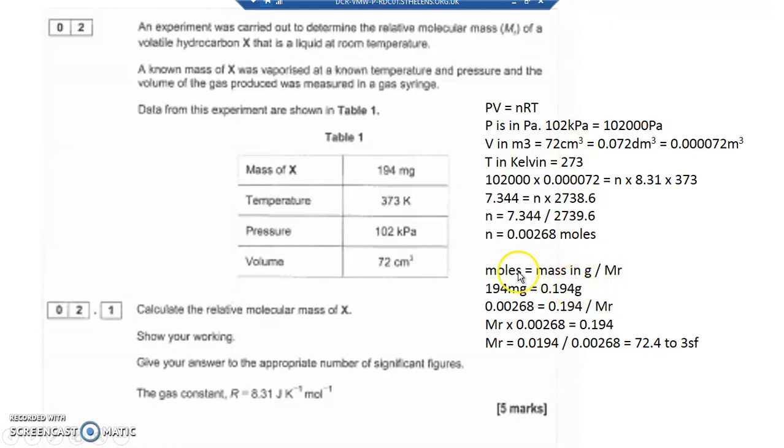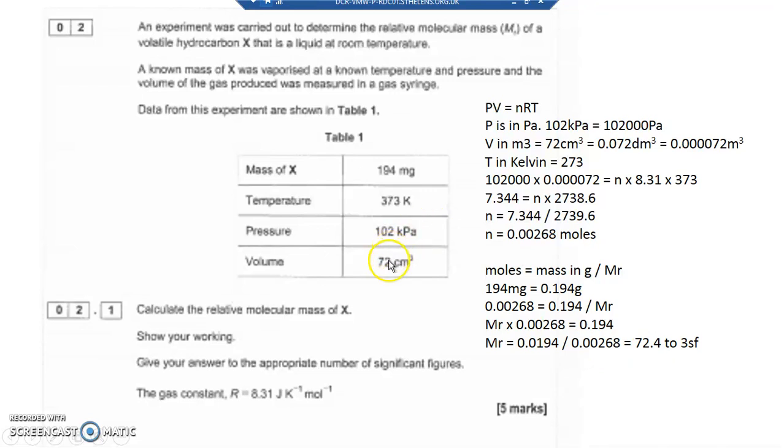I can work out the MR because moles is mass in grams divided by MR. So 0.00268, which is the number of moles, is 0.194 grams divided by MR. Rearrange the equation so that MR equals 0.194 divided by 0.00268, and it comes out as 72.4.